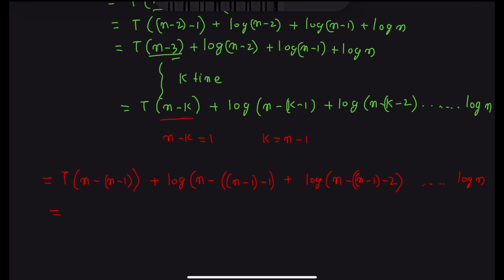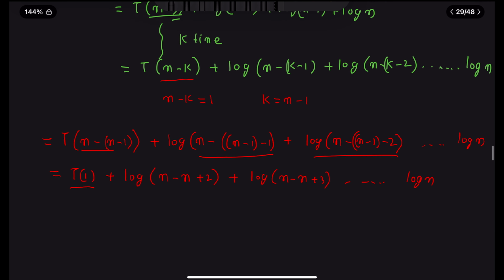Here this will become 1. n minus n is 0 and 1 will be left. We got our termination condition here, plus log. So this we will solve and we will get n minus n plus 2. This will become log(n-n+3), and this will be up to log n.